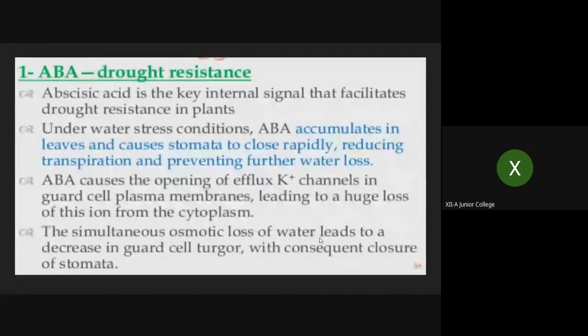So these ions also will not be moved out of the plant body through stomata. The simultaneous osmotic loss of water leads to a decrease in guard cell turgor, with consequent closure of stomata. When there is no turgidity, the guard cells close down and the stomata close. So the closing of stomata is very important, and that is because of abscisic acid.